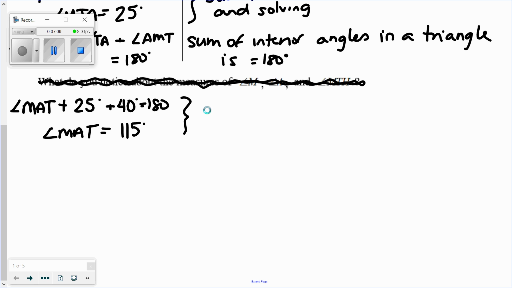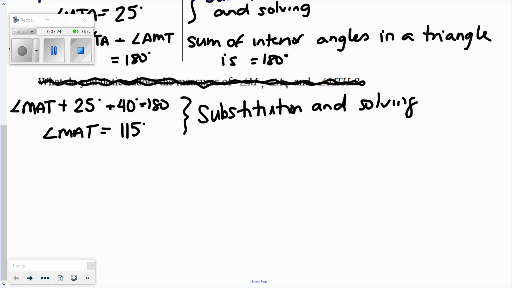So again, my justification: substitution and solving is what we were doing through those steps. Have we figured out all the unknown angles in MAT?